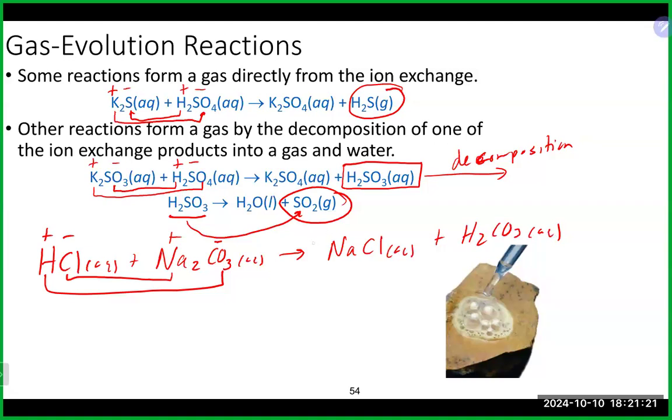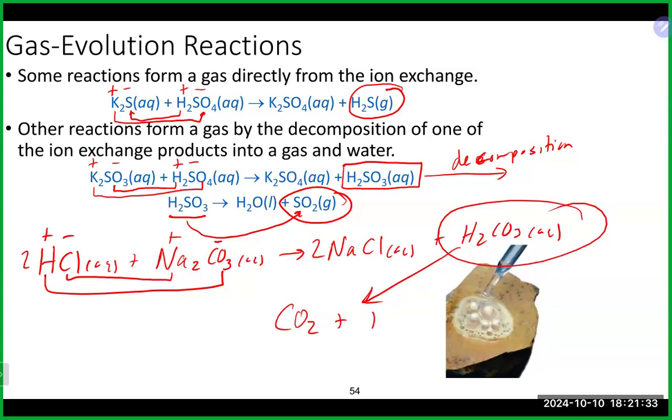Maybe a 2 there and a 2 there to balance everything out. But that carbonic acid will very quickly go through a decomposition reaction and make CO2 plus water. So it makes that CO2 gas through a decomposition reaction. Like Alka-Seltzer, plop, plop, fizz, fizz. The fizzing is the idea that's happening there.